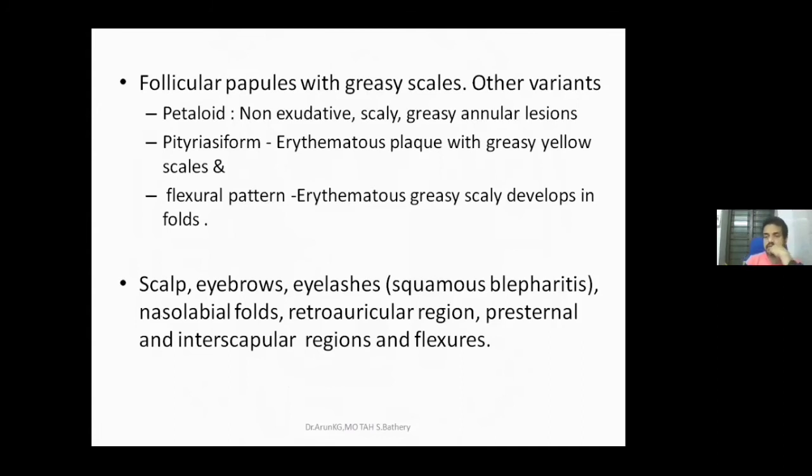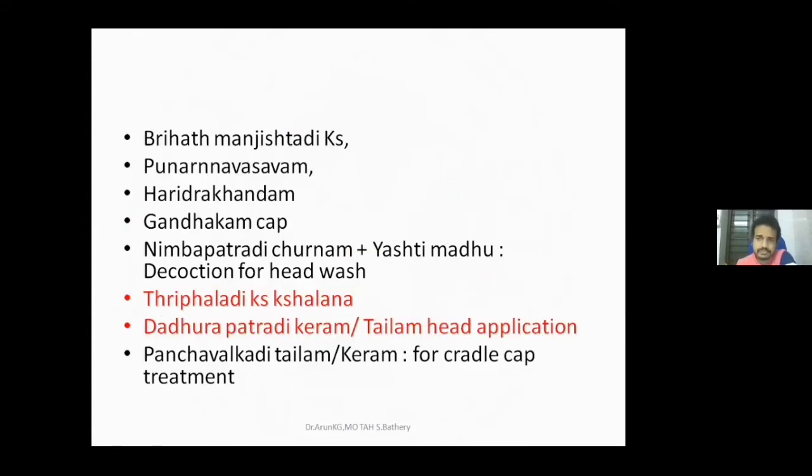All these should be treated with Kaphapittahara drugs, and the gandham containing drugs is also good because most of the modern textbooks are mentioning that there is presence of Malassezia yeast in seborrheic patients. So that thing also we can consider.